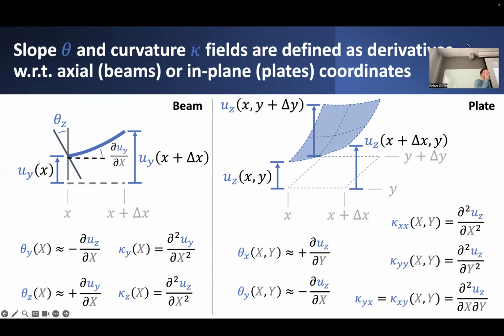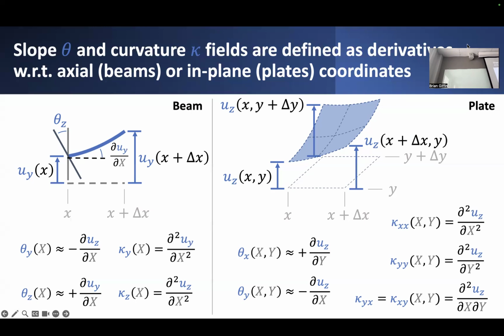In the case of plates, this is where things get weird. I can take second partial derivatives of the transverse deflection field, now uz. I can take second partial derivatives with respect to x, giving me some curvature like you would see on this kind of line segment. I can take its second partial derivative with respect to y, giving me curvature of the plate in that direction.